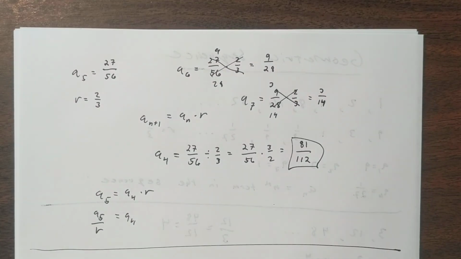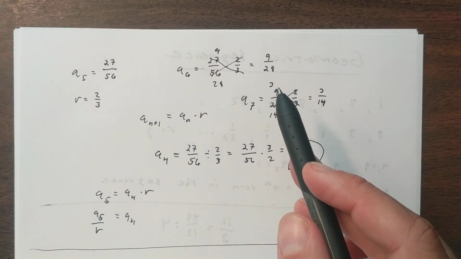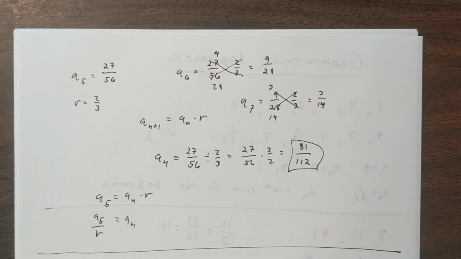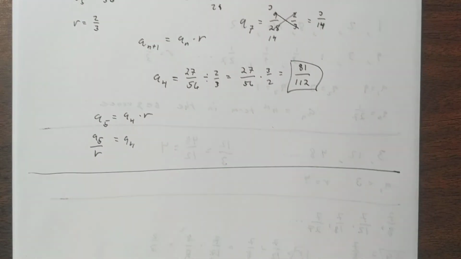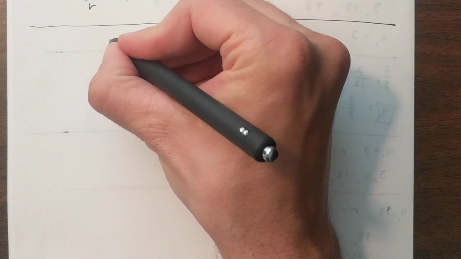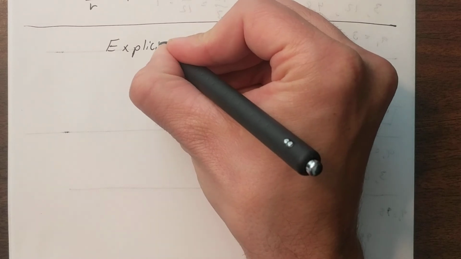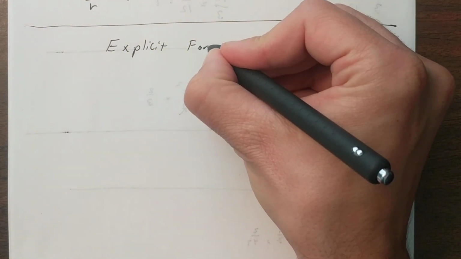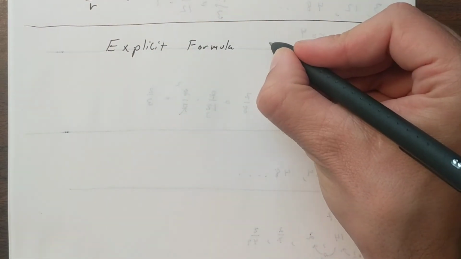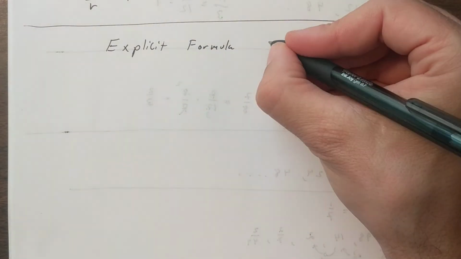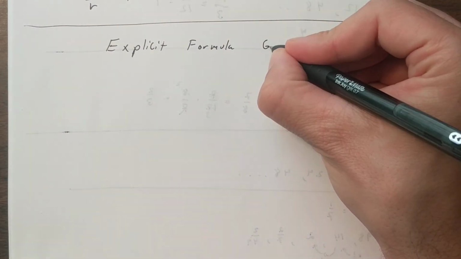All right. Now, I want to move on and make this a little bit easier. Because at the moment, the only way we can get to the fourth term is to choose something and then either multiply or divide by r a number of times until we make it there. But there's actually a better way to do that. We have something called the explicit formula.